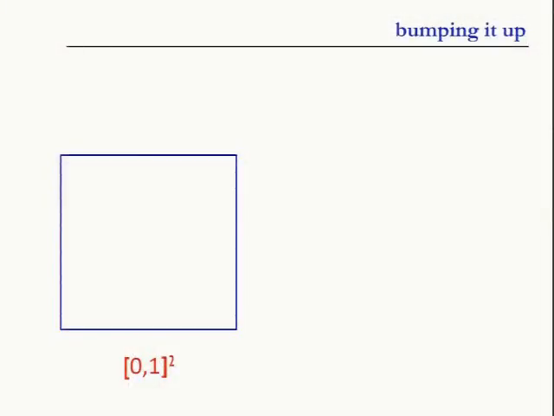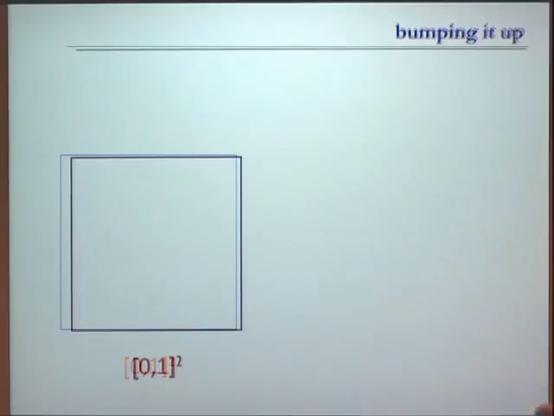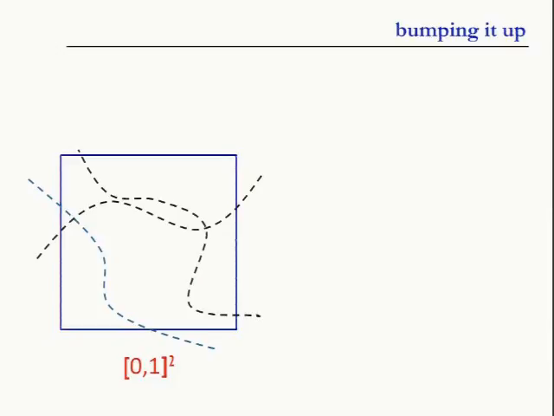Okay, so now in order to do that, we just have to bump up our differentiation theory by one dimension, it turns out. And instead of thinking about lines, just think about squares. So again, let's consider the unit square in the plane. Consider some cut measure on the unit square, which comes from an L1 embedding.